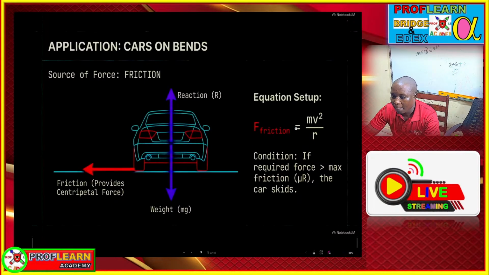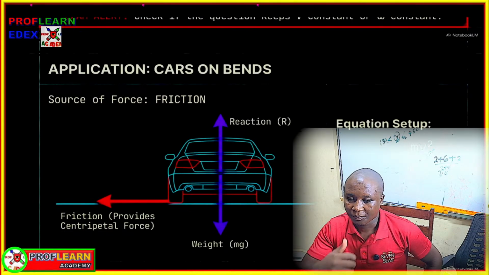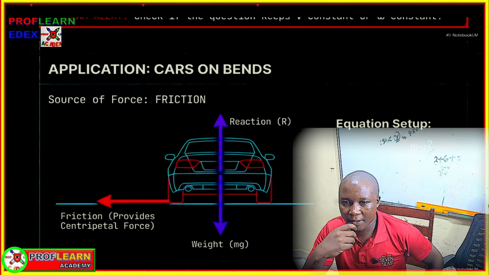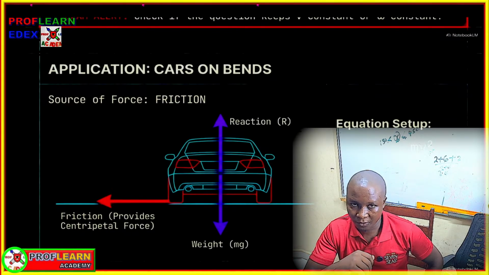All right, so you need also to remember different areas, different concepts in this particular topic. You need to remember that centripetal force maybe is not a different force, but what happens is when you have different scenarios, centripetal force is provided by different types of forces.